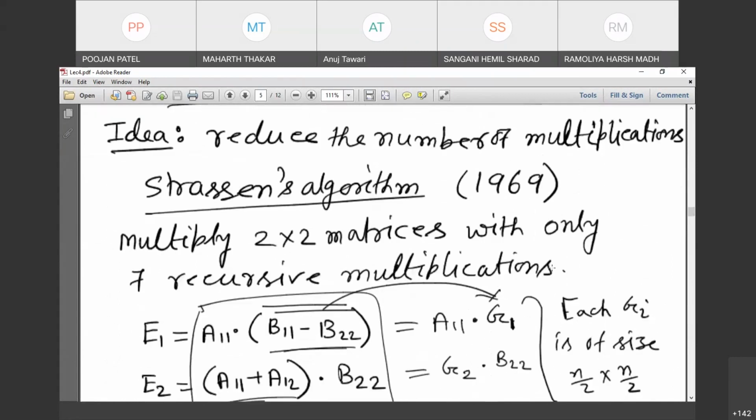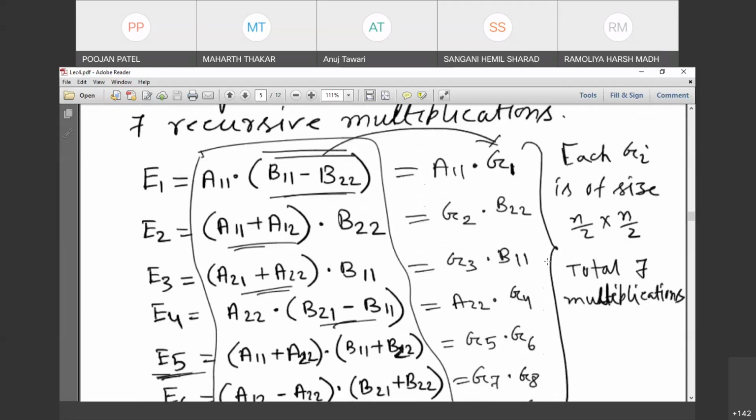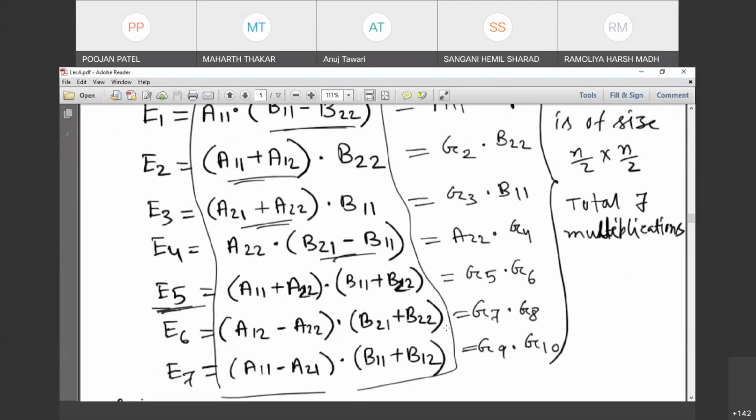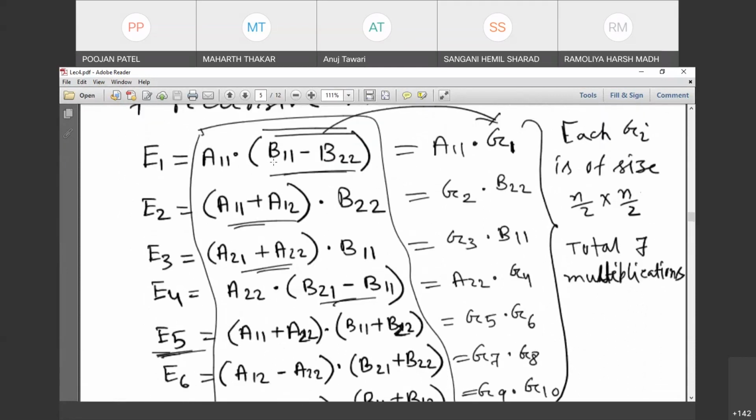So we'll see this calculation he did, and try to understand what exactly he did. These are our 7 multiplications. The first one is A11 into B12 minus B22. The next is A11 plus A12 multiplied by B22.